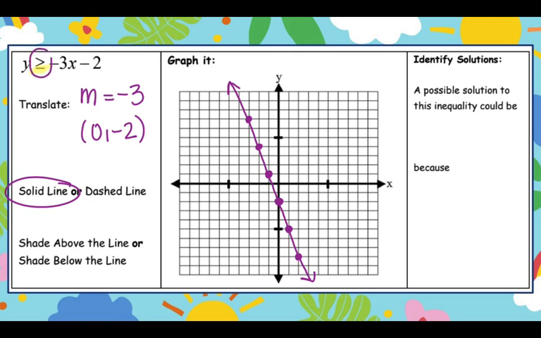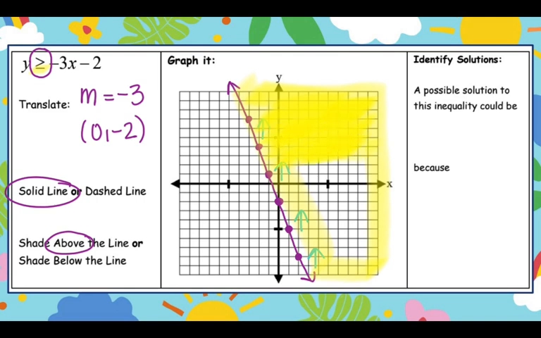If I look back at my inequality, that tells me that it is greater than, so greater than is going to be above the line. So when I say above the line, I would start on my line, essentially, and shade everything up above it. So that's going to be this entire area over here. So this whole section, I'm going to shade in.